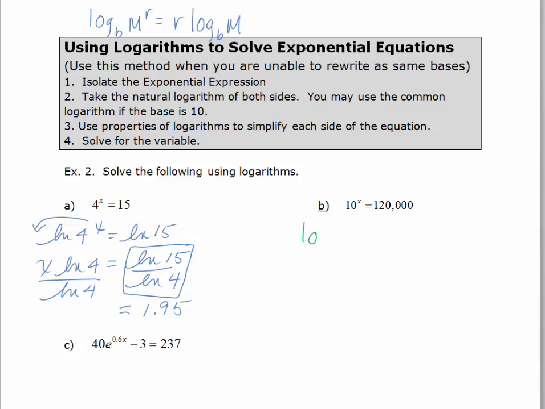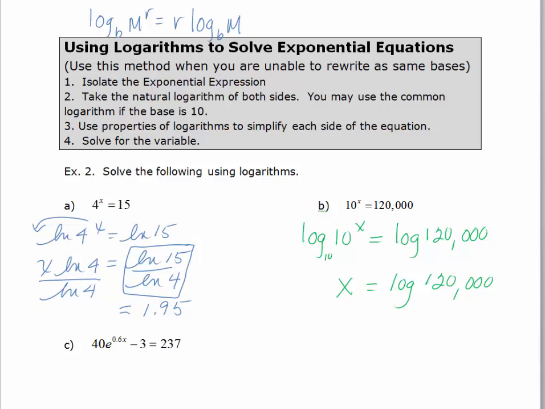I'm going to take the log of 10 to the x equals the log of 120,000. The log of 10 to the x equals just plain old x, because remember the base is 10.